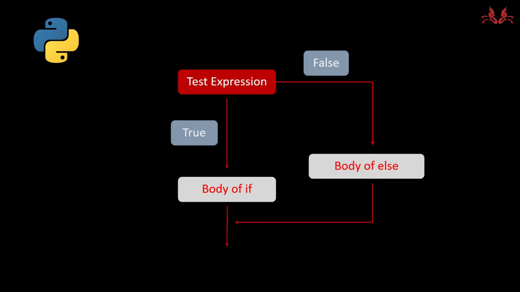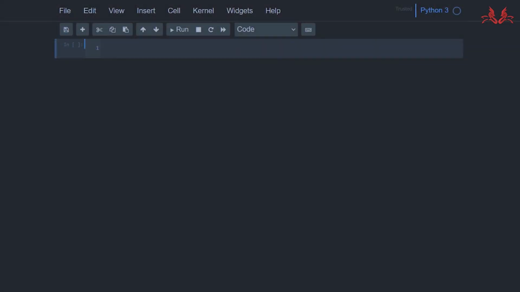Let's demonstrate it. At first, for example, we set price equals 205, and we set an if statement: if, and the test expression, price larger than 200, colon, indentation, and then print sell.